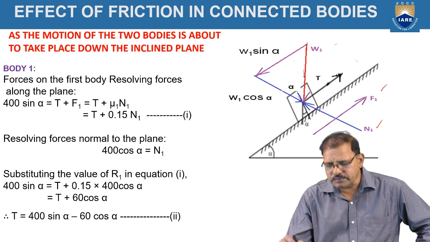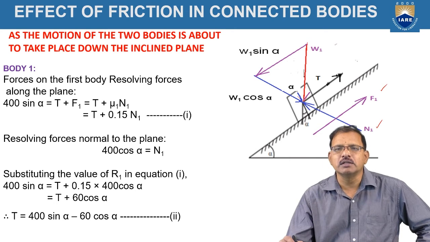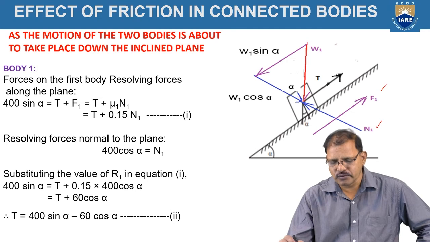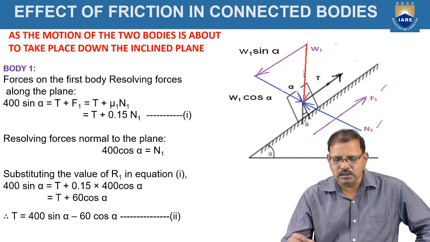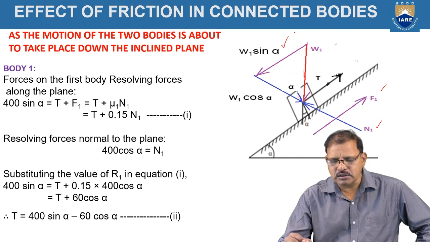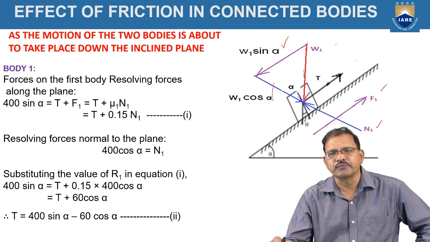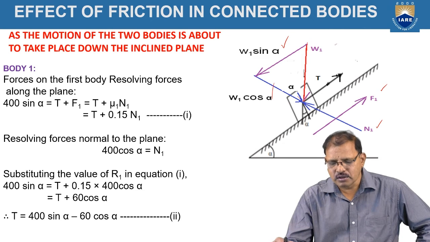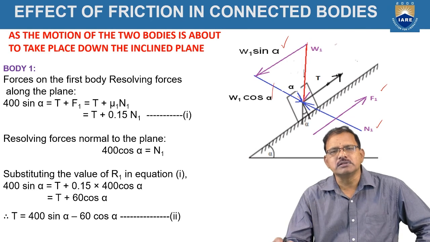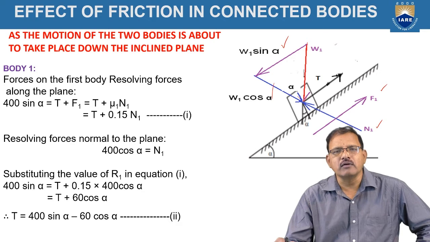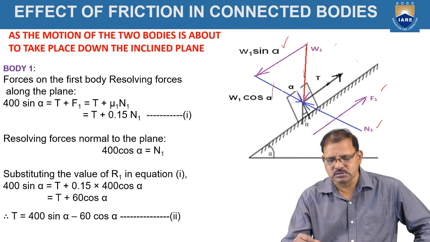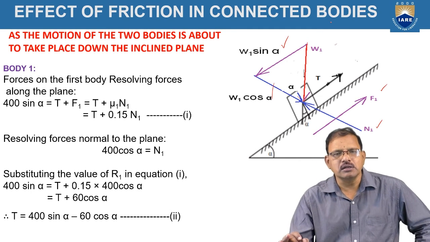The weight is always perpendicular to the ground, but when it is resolved into components along the plane and perpendicular to the plane, the component along the plane becomes W1 sin alpha and the perpendicular component is W1 cos alpha. This W1 sin alpha always tends to slide the body in the downward direction. These are shown in the figure now.